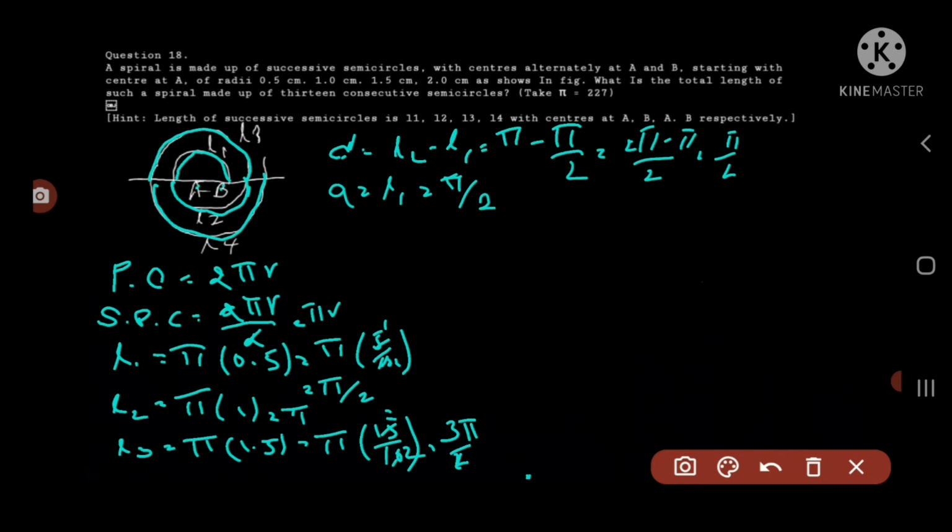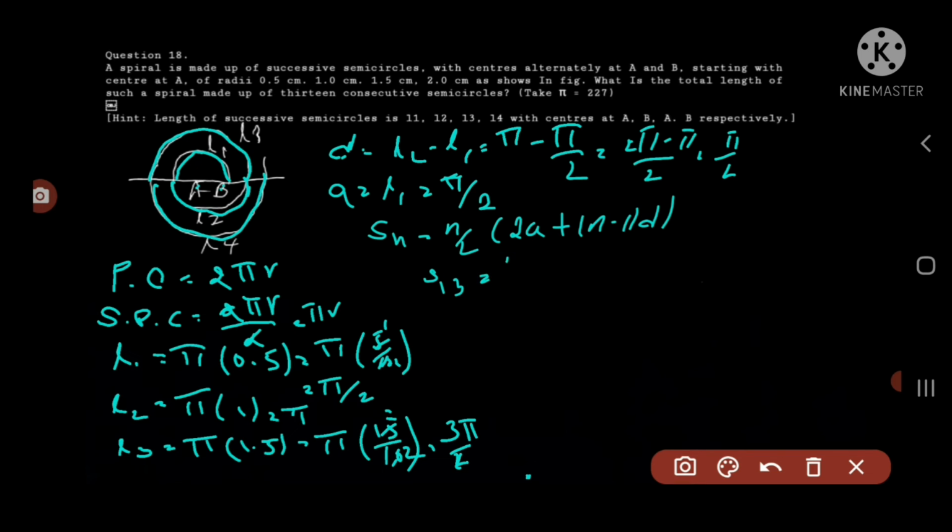Now Sn is equal to what? n by 2 into 2A plus n minus 1 into D. Here n is 13, as 13 semicircles are there.